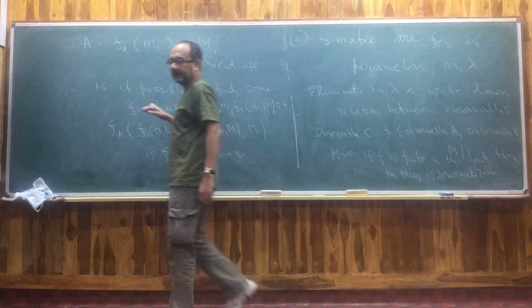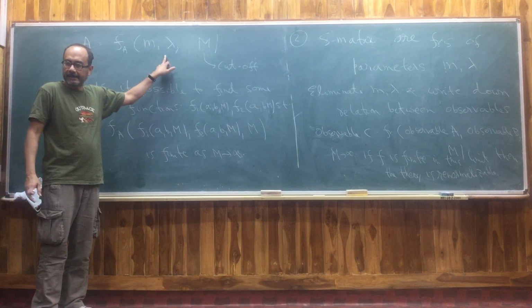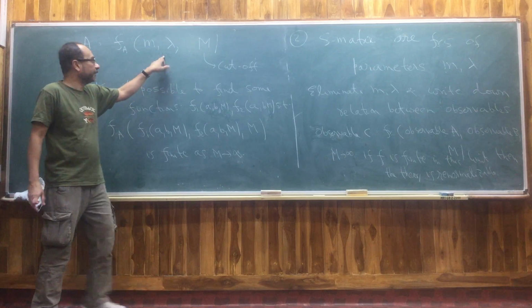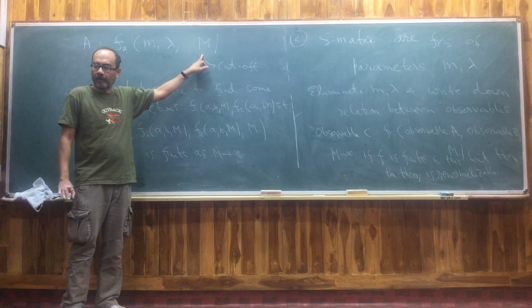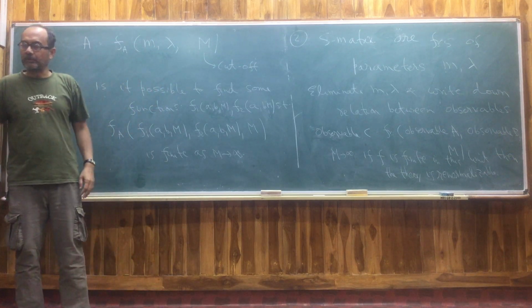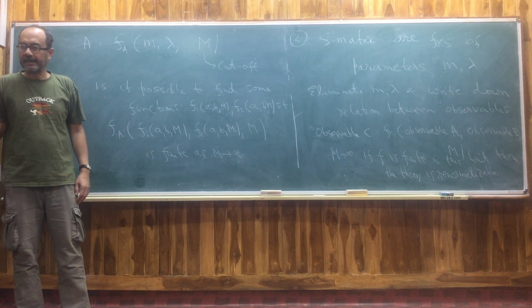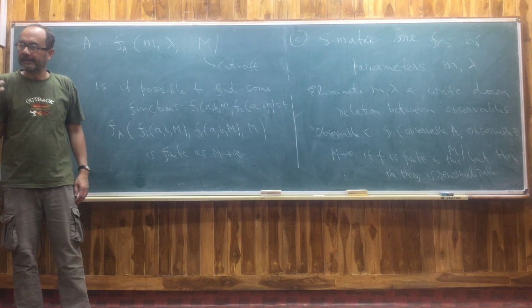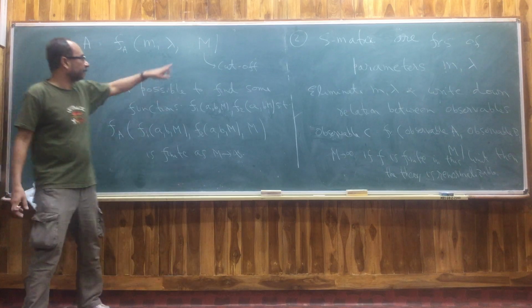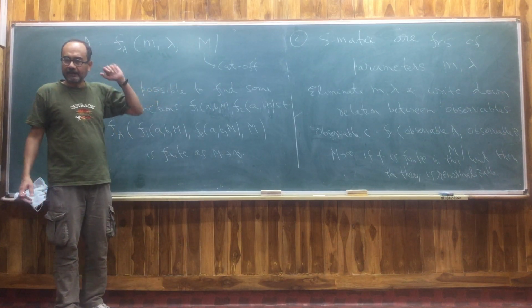This is saying that the problem was that m and lambda are not physical parameters, right? So if we keep m and lambda fixed and take capital M to infinity, then you're running into a problem. But nobody tells us that as you take capital M to infinity, m and lambda should be kept fixed. I can take m and lambda also to infinity and cancel out the infinities that are coming from capital M. What are we losing?